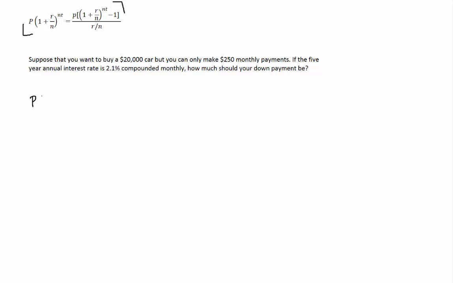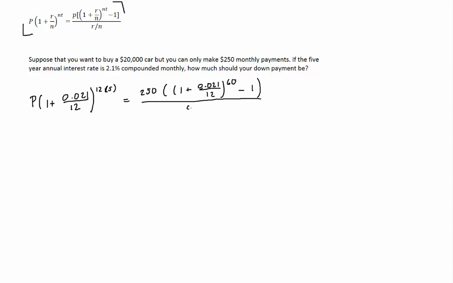You put P times (1 + 0.021/12) to the power of 12 times T. In this case it's a 5-year loan, so T is 5, and that should equal the payment that you want to make: 250 times ((1 + 0.021/12) to the power of 12 times 5, minus 1) all over 0.021/12.